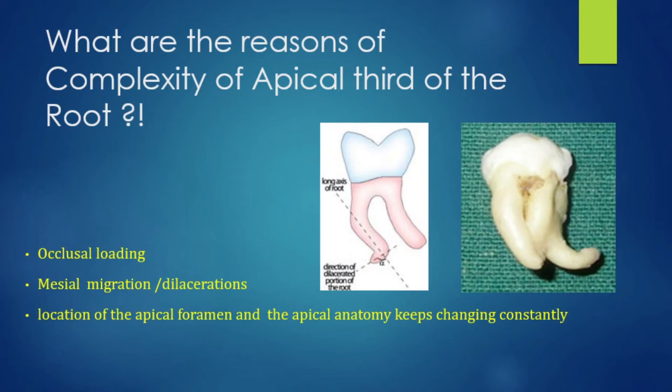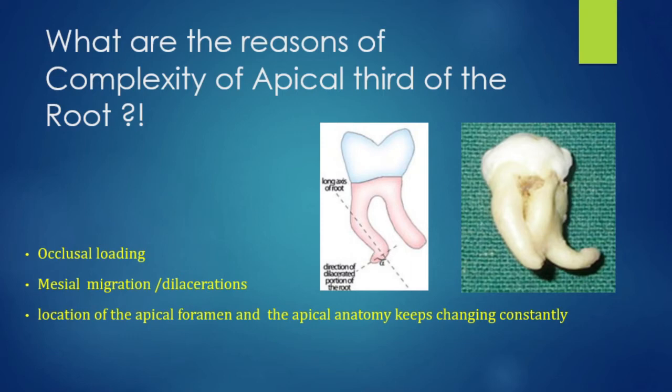So what we have to know here is that after the eruption of the tooth, most of the time the Hertwig epithelial root sheath is active, and that means it keeps forming the root. The occlusal loading at this stage can cause discontinuity of this sheath, which results in the formation of accessory foramen and lateral canals.